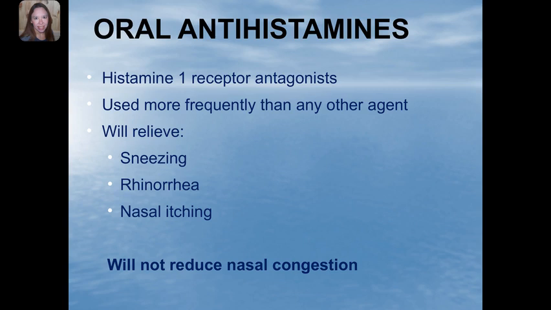These medications are going to be useful in relieving the sneezing, the rhinorrhea, and the nasal itching that we are seeing with allergic rhinitis. But remember that antihistamines are not going to work to reduce that nasal congestion. The only medication that can treat all signs and symptoms of allergic rhinitis are the glucocorticoids.